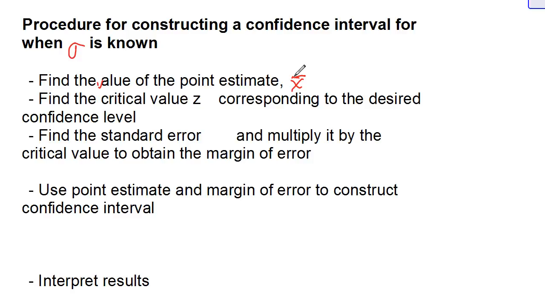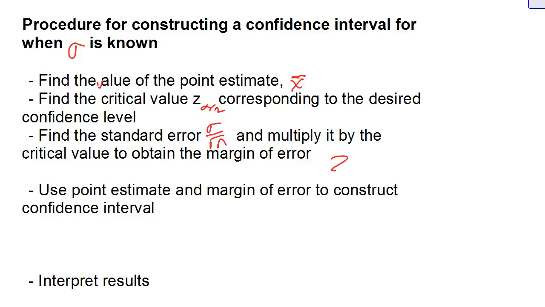Then we need to find the critical value of z alpha divided by 2, corresponding to the desired confidence level, just like we have been doing. Then we want to find the standard error. That standard error is sigma divided by the square root of n, and multiply it by the critical value to obtain the margin of error.